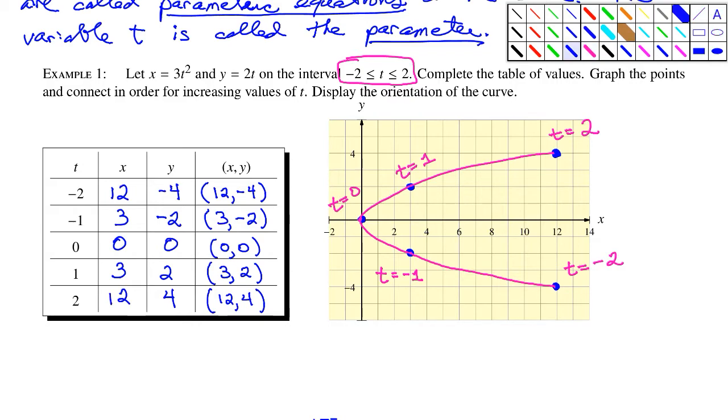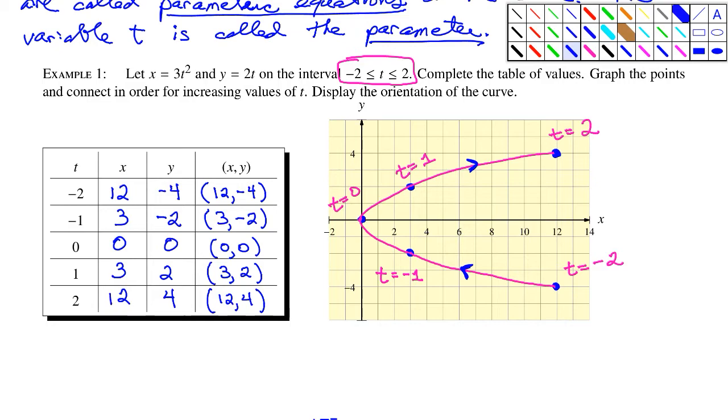The way you mark orientation is by using a little arrow on the curve itself to indicate which way the values of t are increasing. Notice that on the bottom, even though the arrow is pointing to the left, that's still increasing. Increasing as far as on a parametric equation has to do more with the t values than it does with the x and the y values.